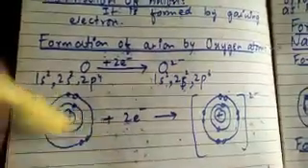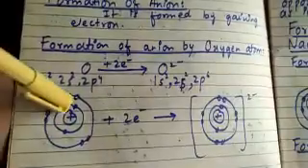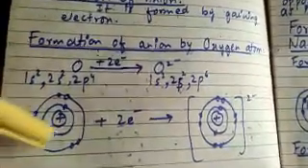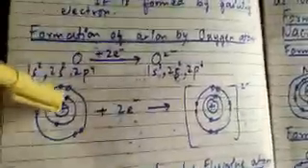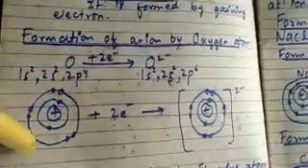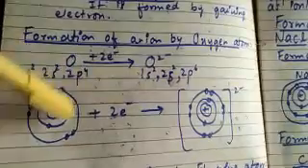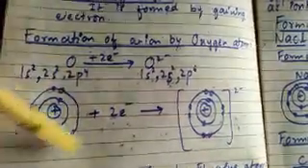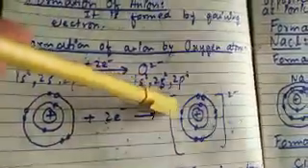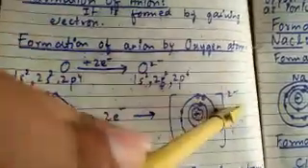Next, this is the Bohr model structure of oxygen. The first shell has 2 electrons, then 6 electrons in the last shell. You know that a shell is complete when it has 8 electrons, but the last shell has 6 electrons, so it gains 2 electrons, attains 8 electrons, and gets a negative charge.